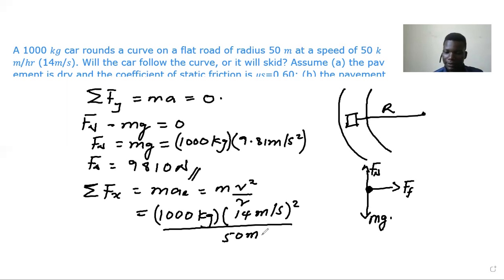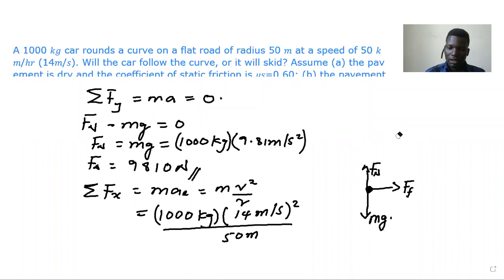Okay, so we punch on the calculator, and what we are going to have now is that this net horizontal force is going to be 3,920 Newtons.